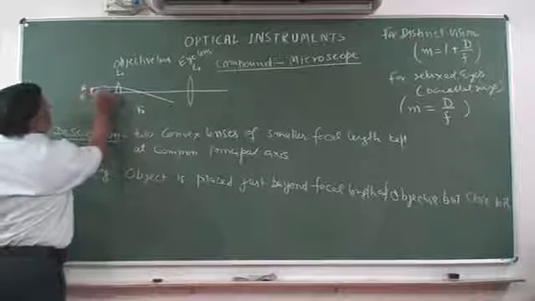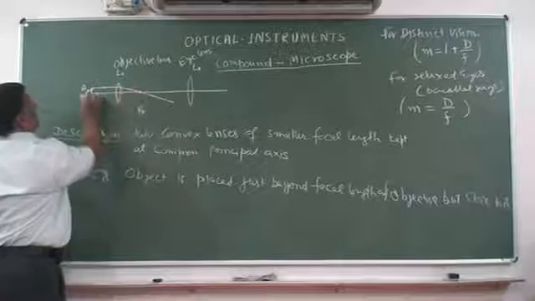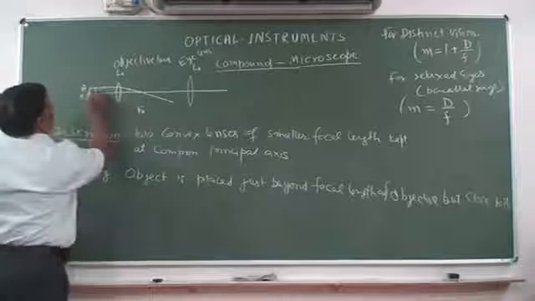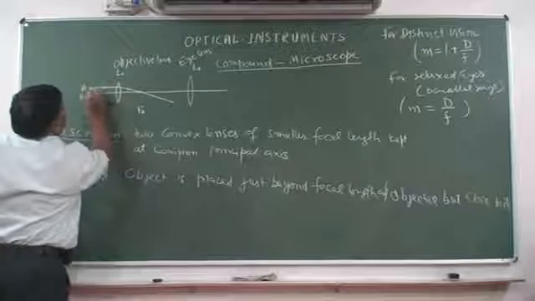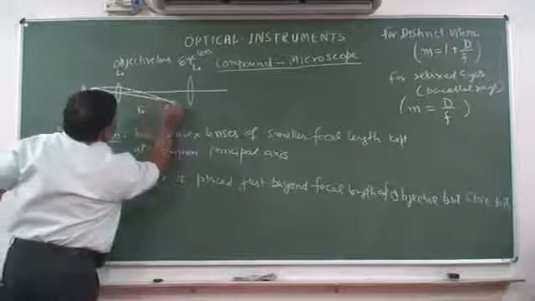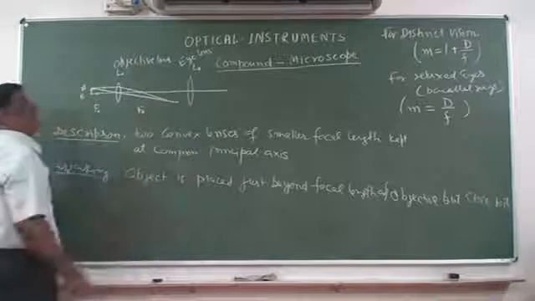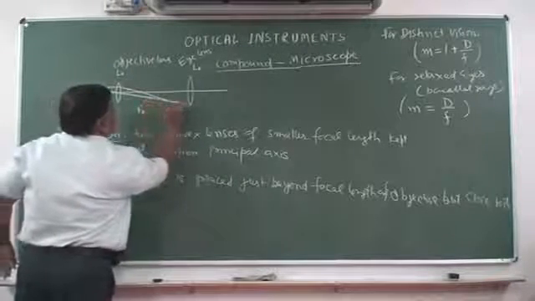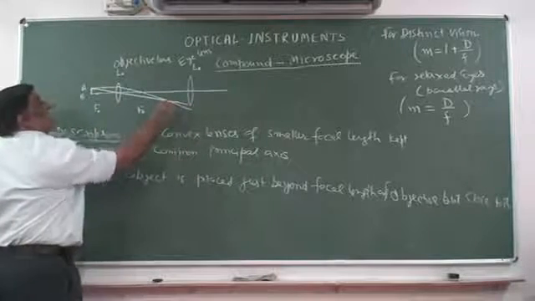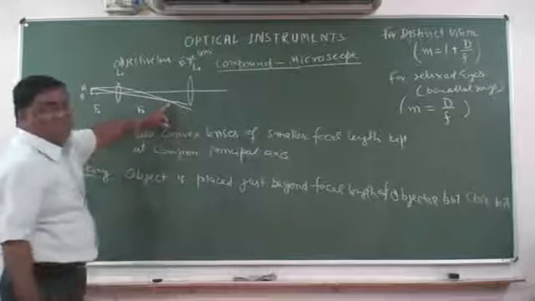Then there is another ray going from object A and we make it pass through O. So we detect this passing through O and it goes and meets somewhere here. They two meet, intersect at this point.